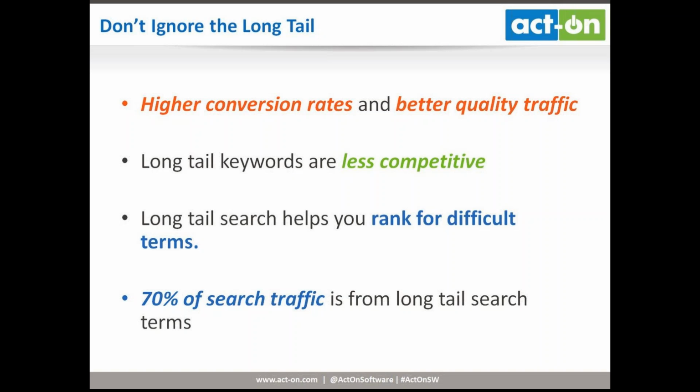We offer up errors and warnings based on information that you provide, based on keywords that you want to be found for. Are those keywords and phrases being used in the URL, and why is that important? A couple of quick highlights to mention. Long tail search helps you rank for difficult terms, and 70% of search traffic is from long tail search terms.